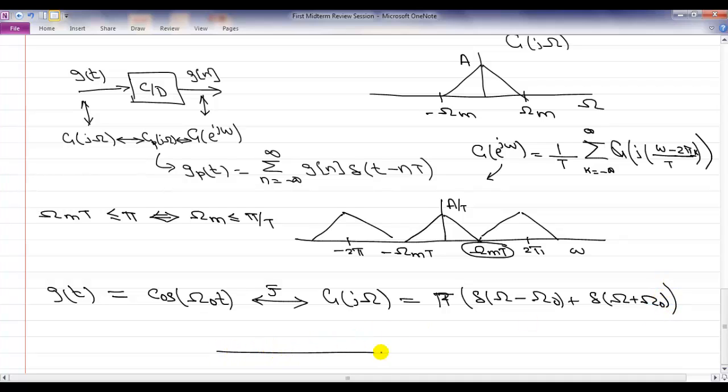If you plot them, of course, you'll get two impulses, one at omega naught with an area of pi, one at minus omega naught with an area of pi also.